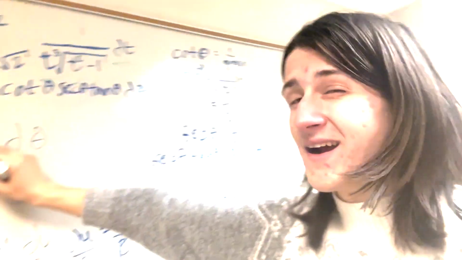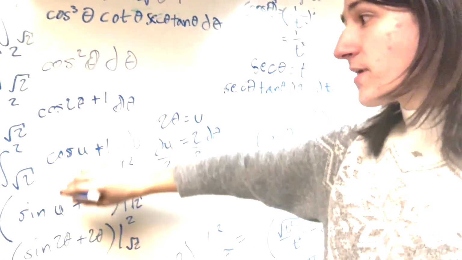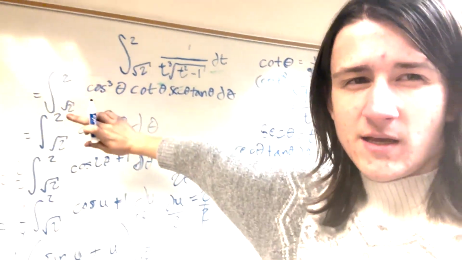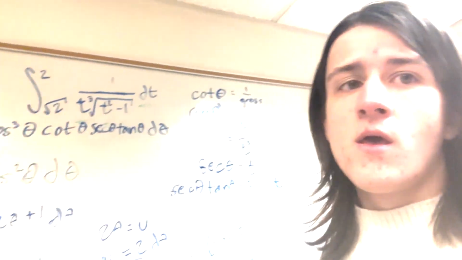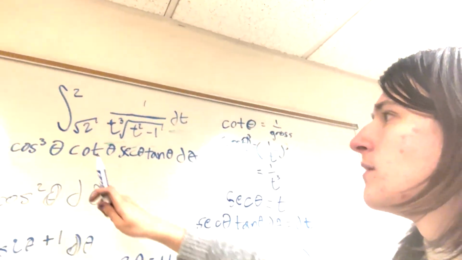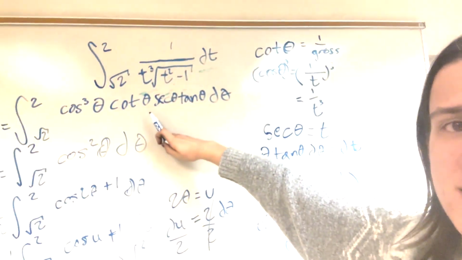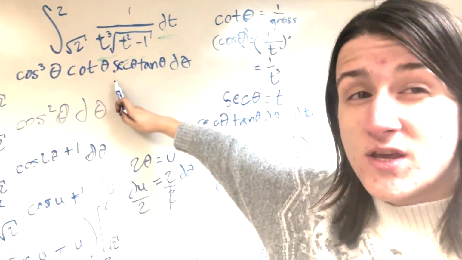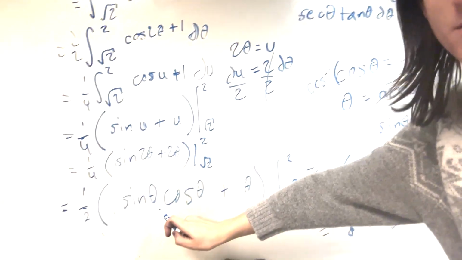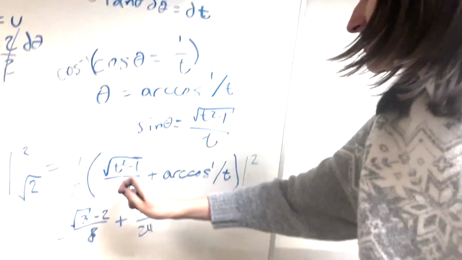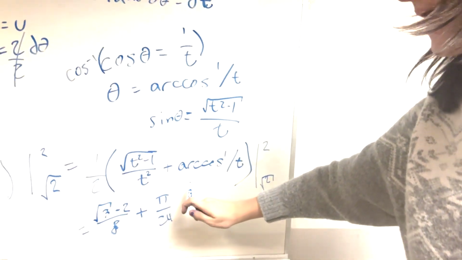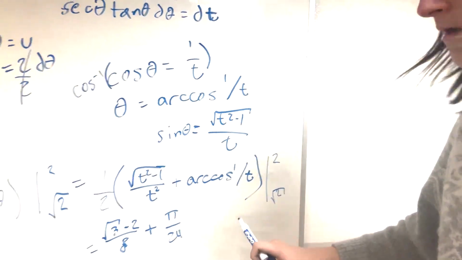Here we ended up having to use a trig identity to then integrate. That's not explicitly part of trig sub, but that was a part of this problem. But yeah, it's calc u sub, just specifically using trig. You substitute your variable for theta, you integrate, and then you take your big old theta thing all the way back to something in terms of t, and then you do FTC, and you get your answer.